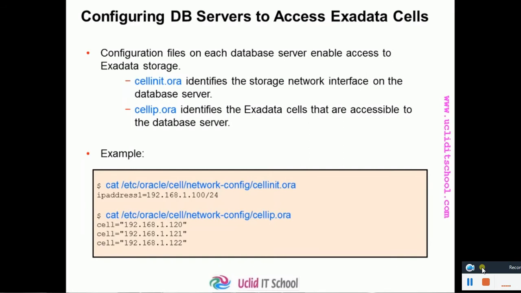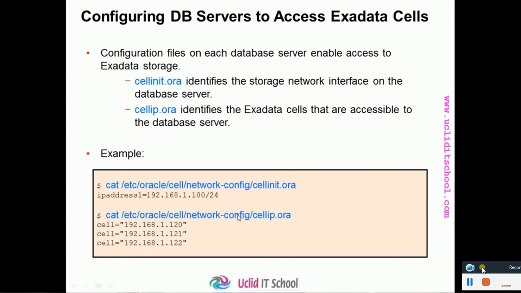So out of these many interfaces, which interface should be used to communicate with the storage servers? That interface detail is in the form of IP and subnet mask. On the real hardware, this is obviously your InfiniBand network, because on the real box, the InfiniBand interface is used to communicate with storage servers. That way, the database server now knows which interface it needs to use to communicate with the storage servers.